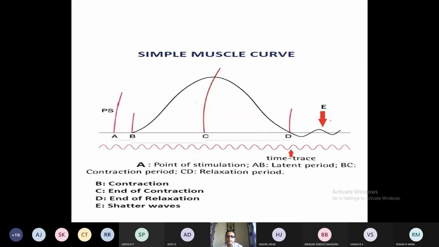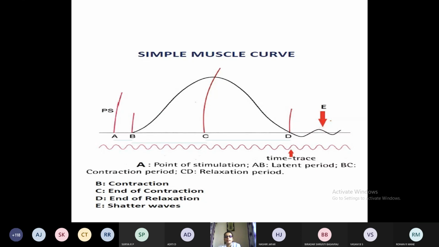This curve takes contraction from the point B, and causes an upstroke till the mid of this, denoted by the point C. So this entire phase is the contraction period. Later it converts into the relaxation period. After that, the curve has some minor wave-like structures, called the physiological curve. So this is how the simple muscle curve or simple muscle twitch is read.